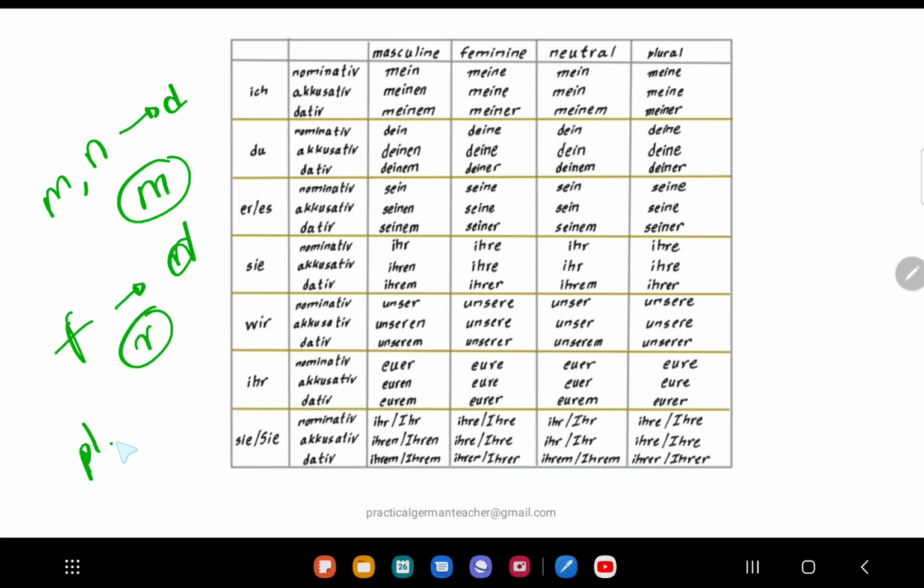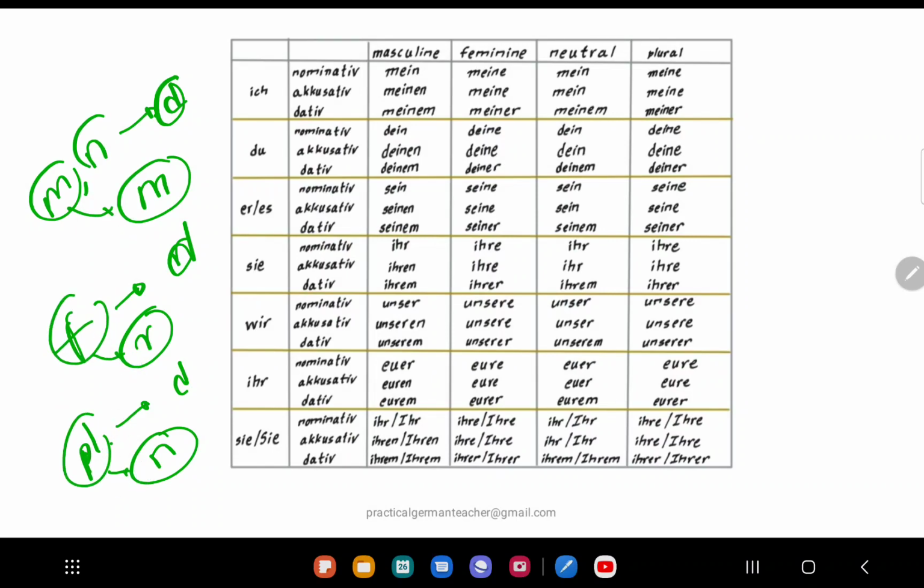Plural in dative will start sounding like n. So you just have to remember this pattern. Masculine neutrum in dative will start sounding like m. Feminine in dative will start sounding like r at the end. Plural in dative will start with n at the end. So m, r, n. You can also remember it like masculine neutrum m, feminine r, plural n.